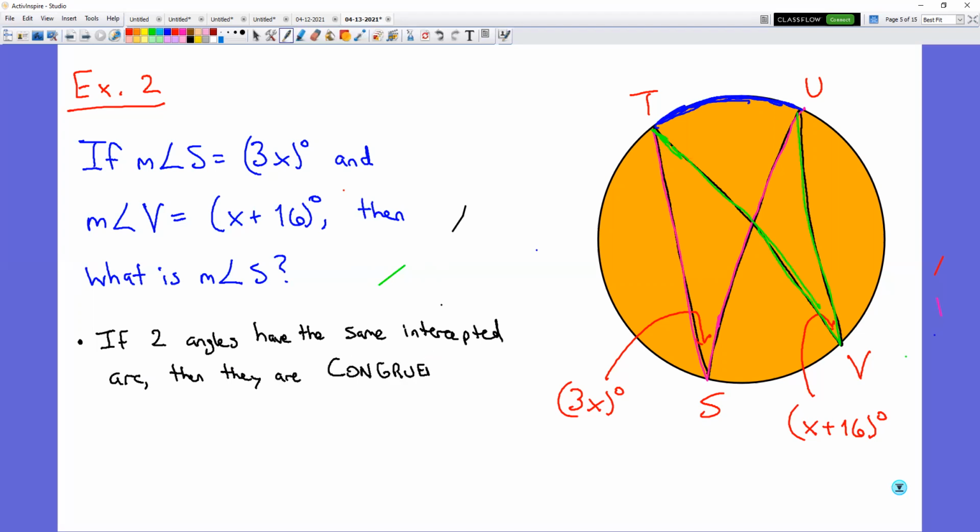So we have figured out that both of these angles face or intersect arc TU. Therefore, those 2 angles are going to be congruent.